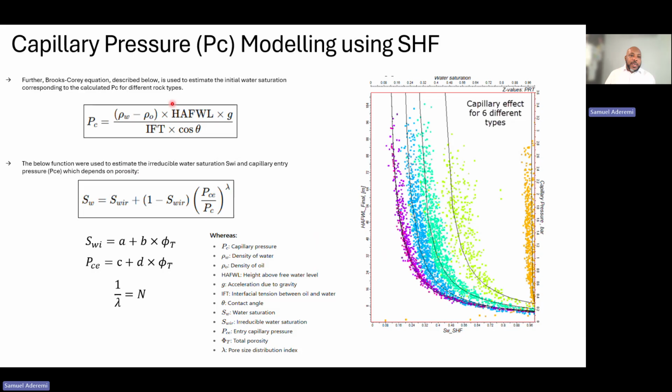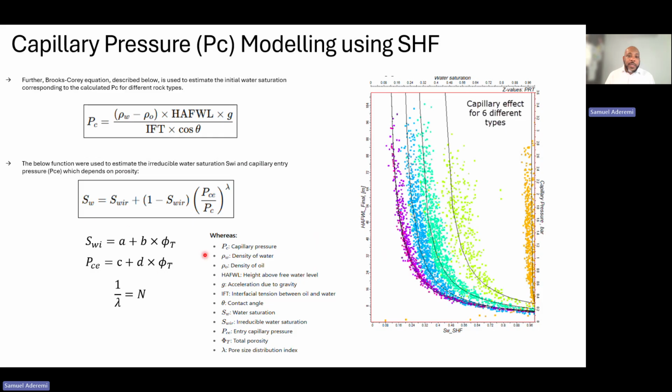And once we calculate the capillary pressure, this is done for each cell in the model. So I just want you to imagine that your petrophysicist has given your geomodeler all the parameters of the saturation height modeling, let's say from the Brooks-Corey relationship, that is SWIR, PCE, that's the entry pressure, and lambda, which is the pore size distribution index, or N, which is the inverse of the lambda, as the case may be.